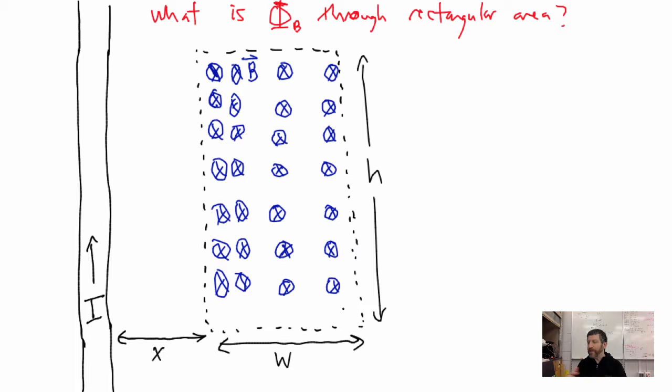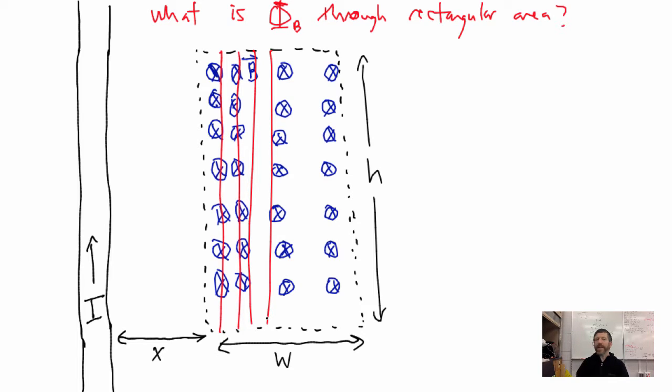So what we've got to do is divide this up into a bunch of infinitesimal little areas like so. There's a little dA right there, and a little dA right there, and another, and another, each an infinitesimal width.